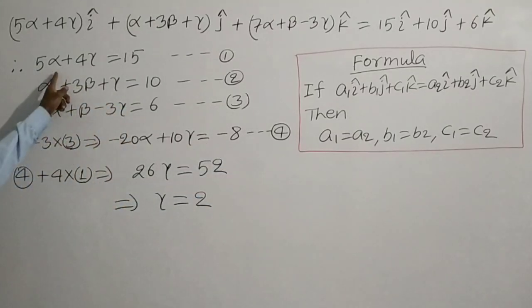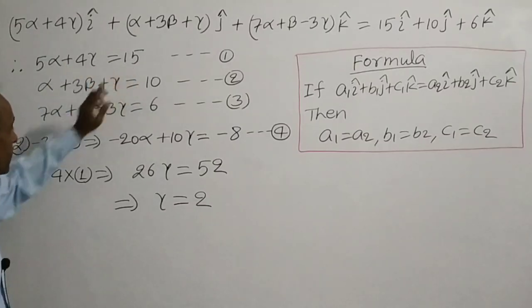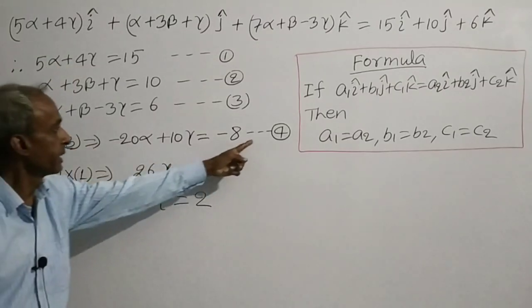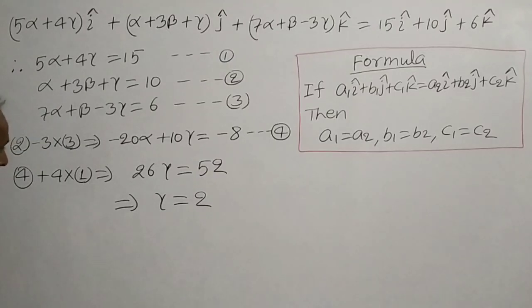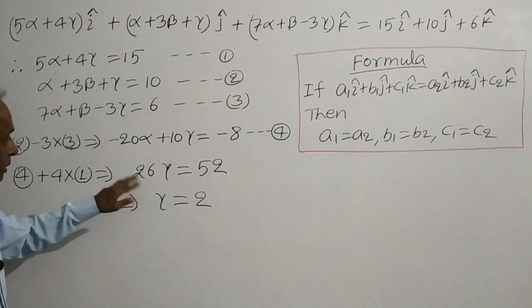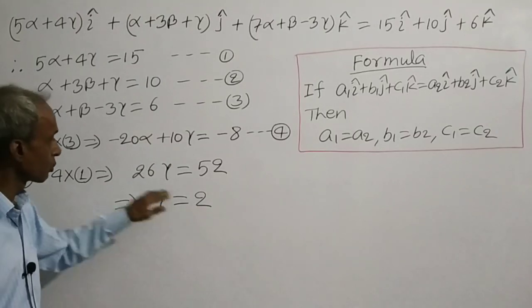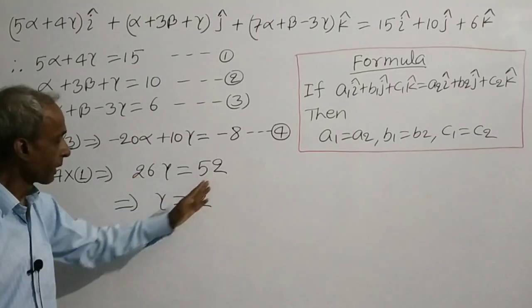Now we multiply equation 1 on both sides by 4 and then add it with equation 4 and get this. From this we get the value of gamma is equal to 2 after dividing 52 by 26.